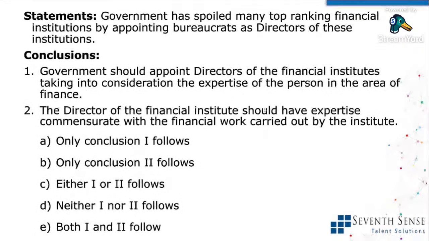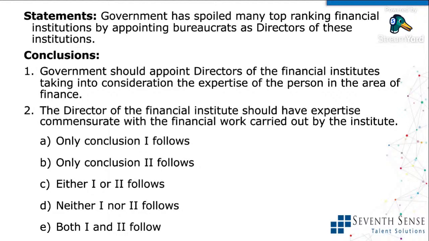Okay, now quickly have a go through this. Government has spoiled many top-ranking financial institutions by appointing bureaucrats as directors of these institutions. We are talking about the government and its high-ranking financial institutions having been spoiled because of the bureaucrats appointed as directors there.